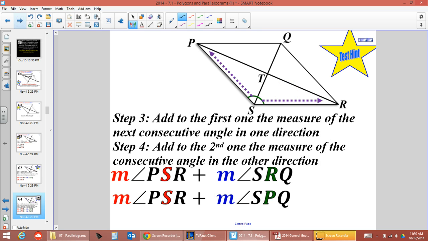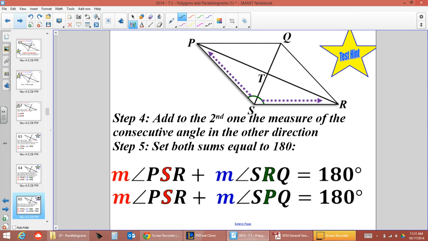But also PSR plus SPQ also has to add to 180, because angle S here, or PSR, has two consecutive angles. It has angle P up here and angle R over here. So I want to write both of those as being added to equal 180. Okay? And set both sums equal to 180.